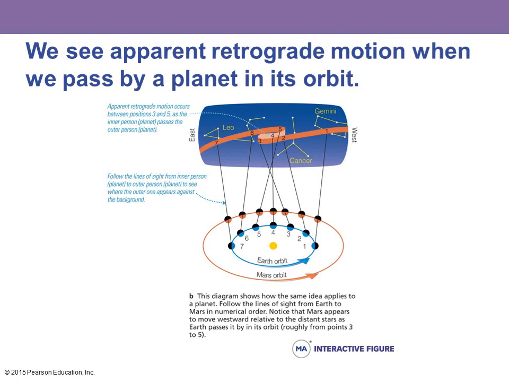And if we're looking at Mars in its orbit, at some points it appears to be moving backwards, and then it goes forward again, as you see in the numbered positions in that little tape strip in the night sky orientation. So there are times when we see planets doing this retrograde motion thing, and like I said before, it's something that ancient astronomers had a hard time trying to come up with a way of explaining.